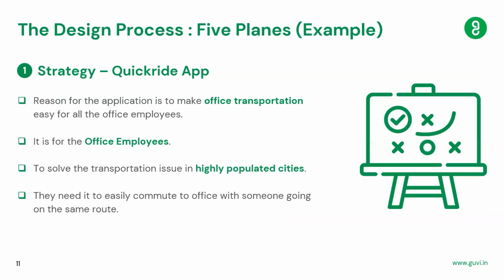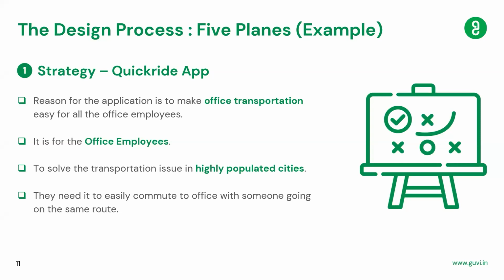For example, I'll give you an example of the Quick Ride app. I think many of you have heard of it, or if you haven't, I'll share what it is. The Quick Ride app is an app for office transportation for office employees. It is only for office employees and not for anyone else. It is like Rapido, I guess everybody has heard of Rapido.